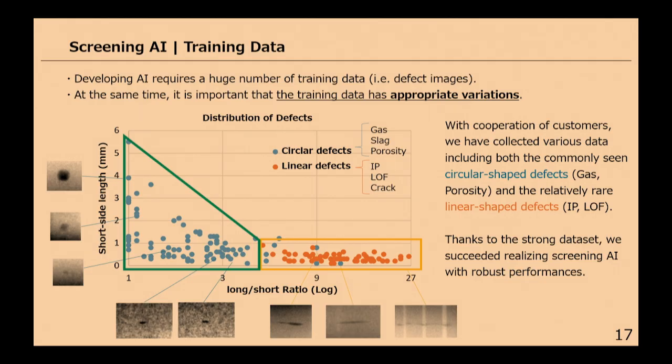You're not going to have to spend the time to teach it. It should already be operational. Now, if it makes a mistake and it's calling, let's say, slag porosity, and you know that it is slag and not porosity, you can retrain it that no, this is slag, and then it'll learn even more. It's always learning.